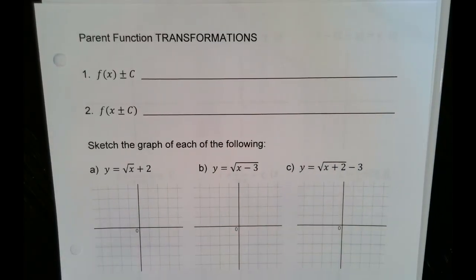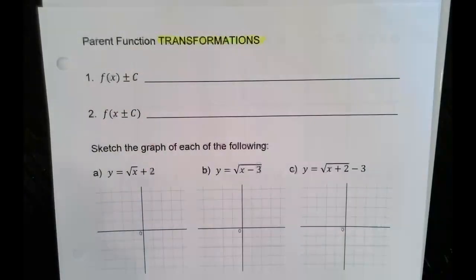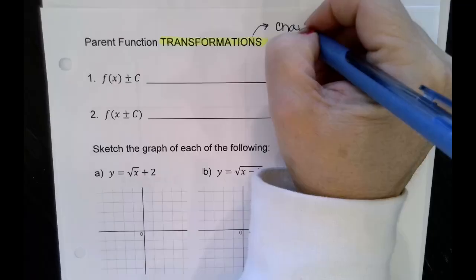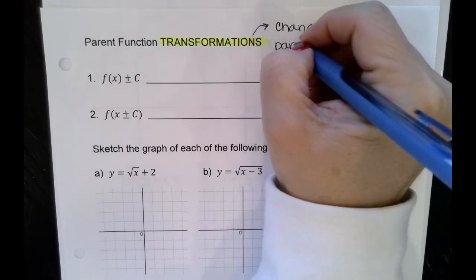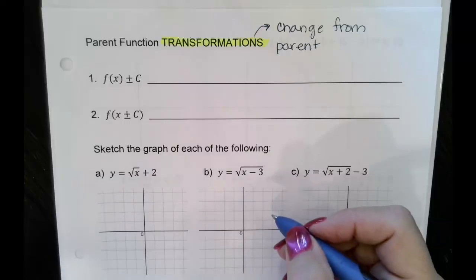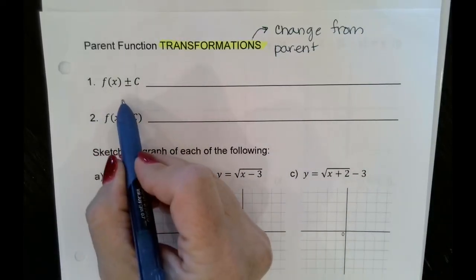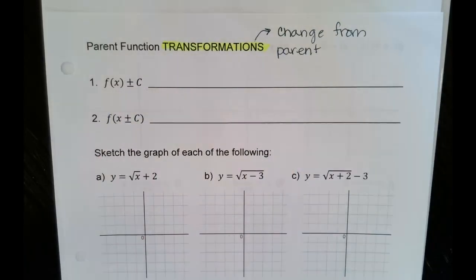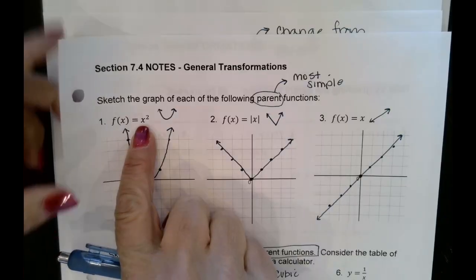So when we have a parent function, we have a transformation. And transformation, all this means is change. So we are going to change from the parent function. So we're changing from the original. Now, this is not new. The format is a little bit new, but this is not new. What this is saying is we have some function, and it might be a quadratic function.